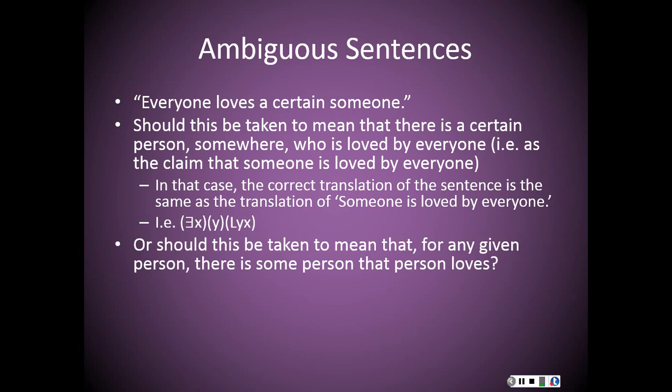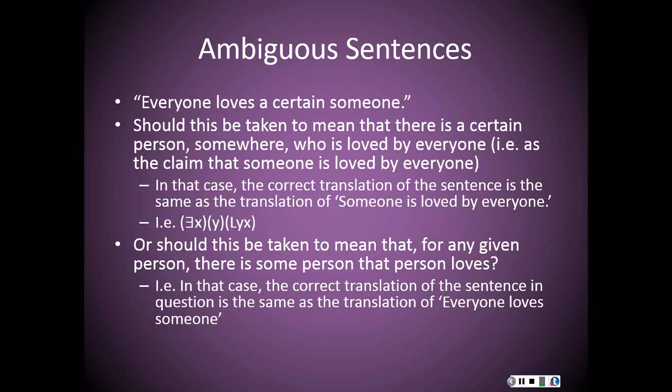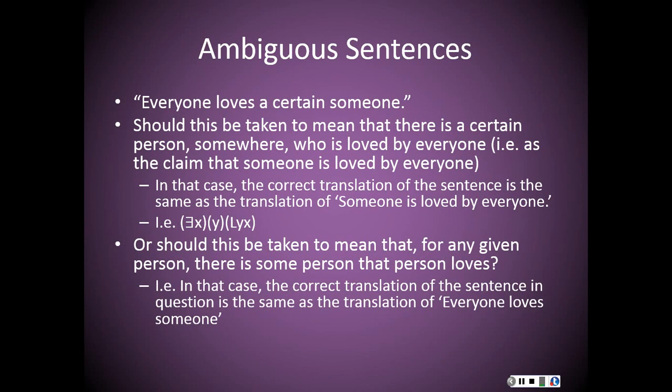Another interpretation of this sentence, though, and one I suspect is the more natural interpretation, is that for any given person, there is some person that person loves. So in that case, the correct translation of the sentence in question is the same as the translation of "everyone loves someone."